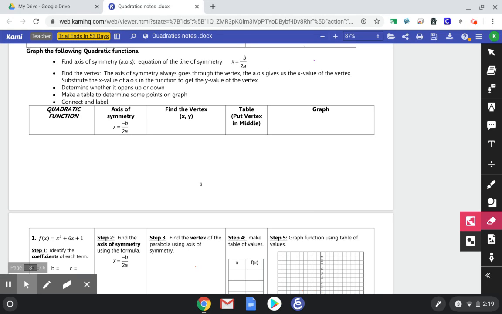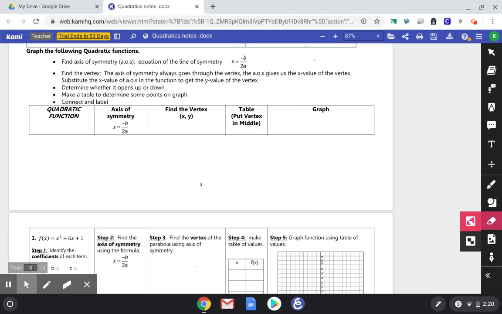So right there, once you've found your x and your y of your vertex, there's a point that you can graph. Okay? Since you know that's your vertex, you're going to pick a couple of x values to the right and to the left of your vertex, plug them into your equation, and get some corresponding y values.